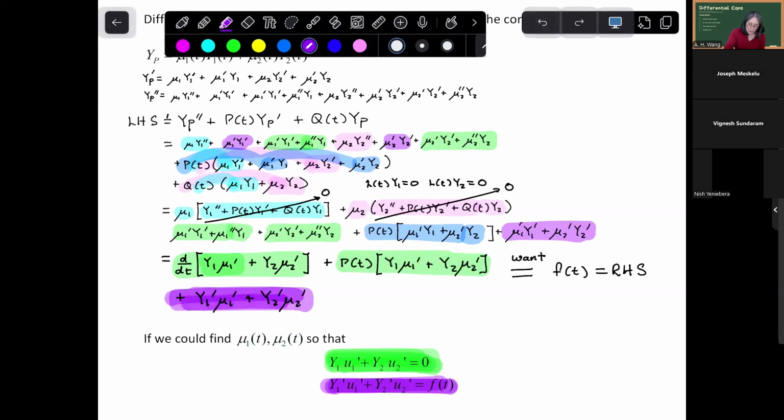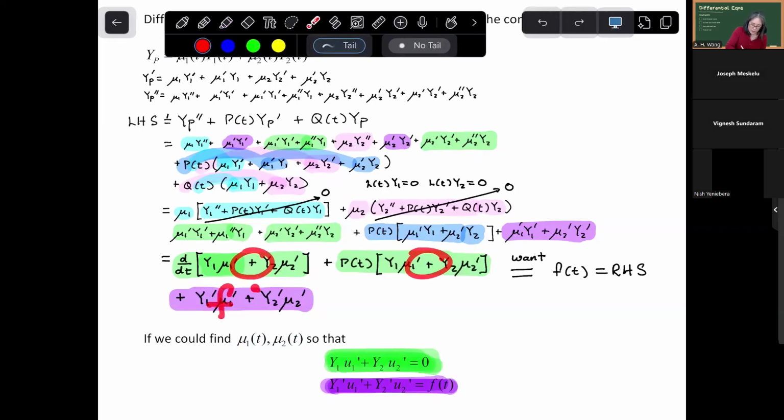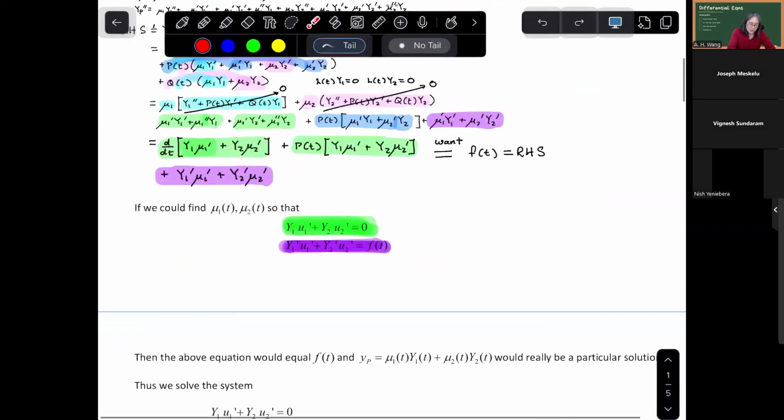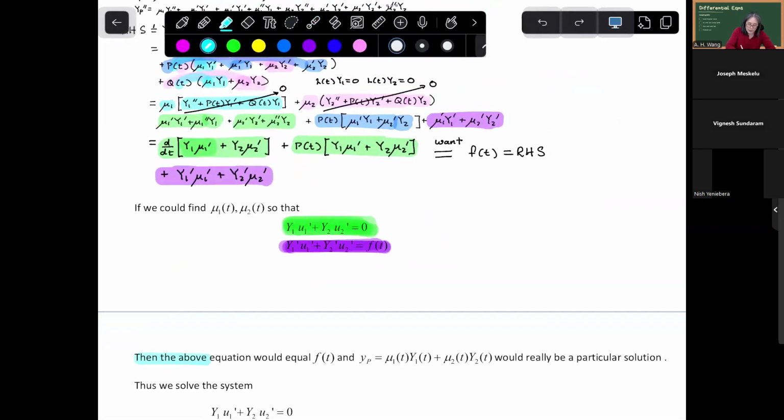Then you would have this be 0, this be 0, and this be f of t, and then the left-hand side would equal the right-hand side. Okay, so that's the idea. Then the above equation would equal f of t, and this thing would really be a particular solution of L of t y equals f of t.